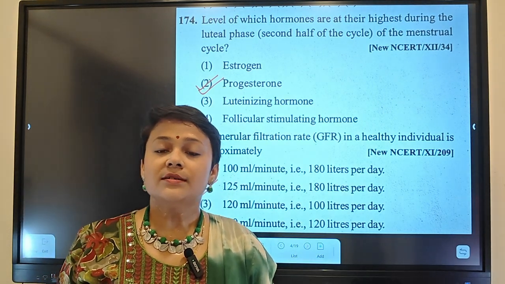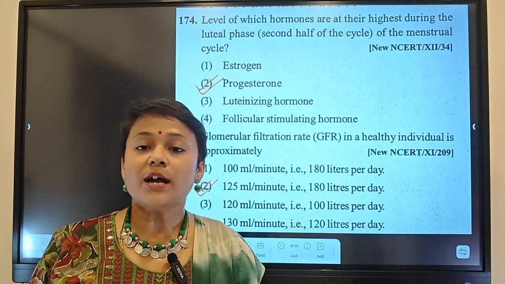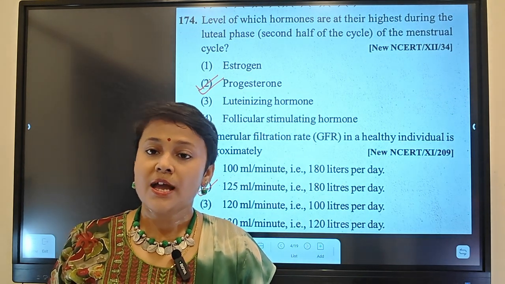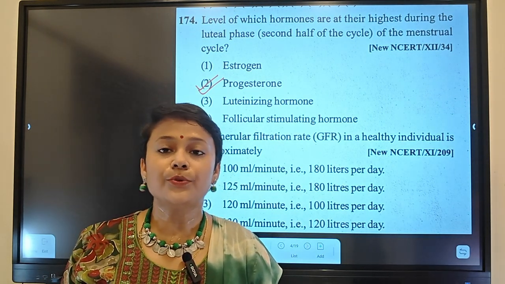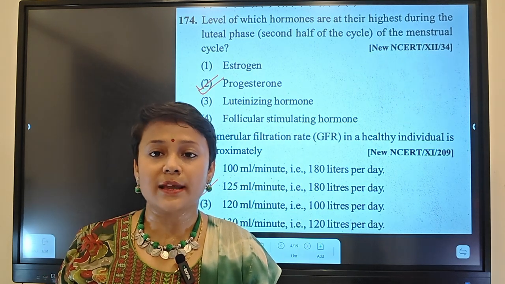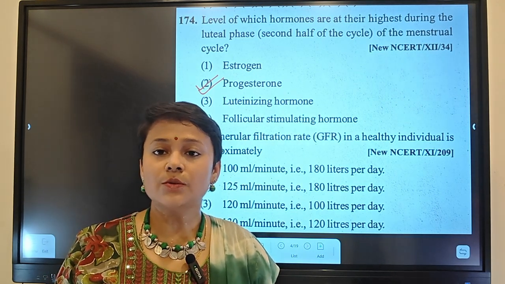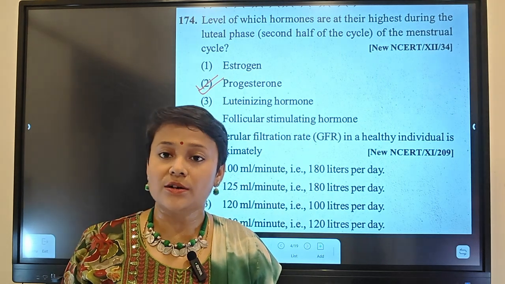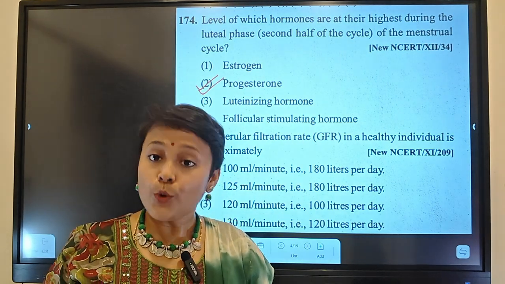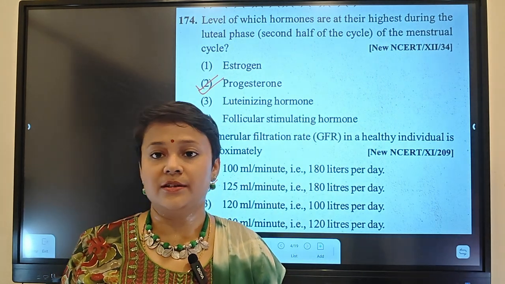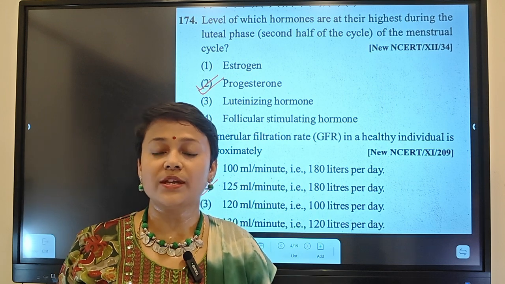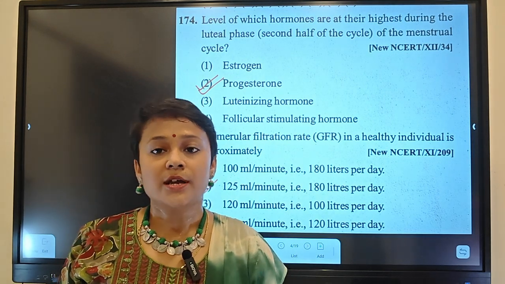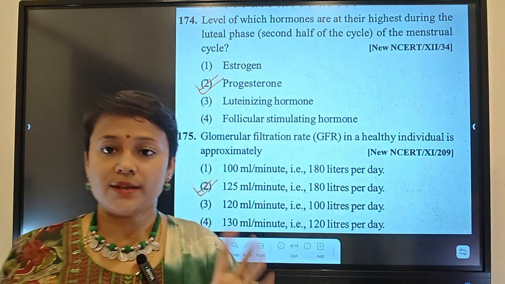It is approximately 1100 to 1200 ml, and we know that cardiac output is 5000 ml. So 1100 to 1200 ml will be filtered by both the kidneys per minute. That is the relation between the filtration of blood and the cardiac output. That statement is very, very, very important.